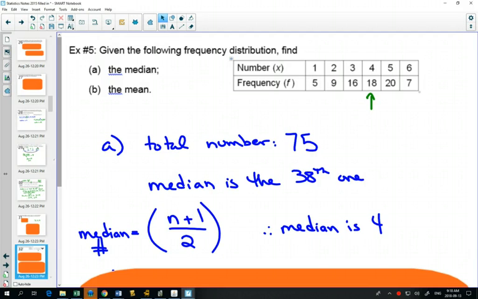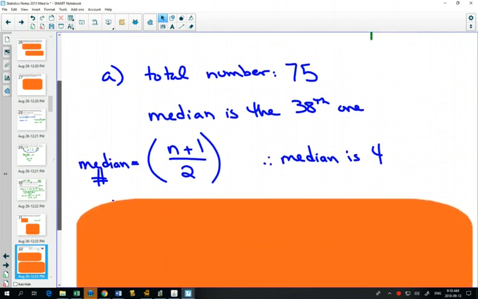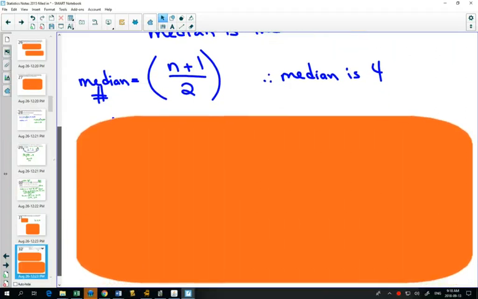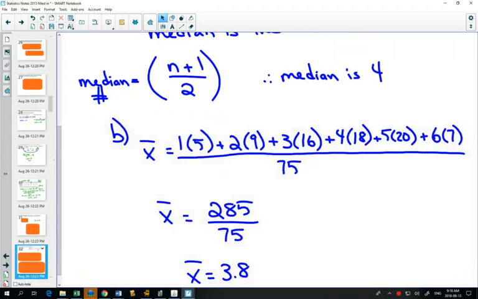If I wanted to calculate the mean, this is what I would have to do algebraically. The number 1 appears 5 times. The number 2 appears 9 times. Add all of those up and divide by 75.